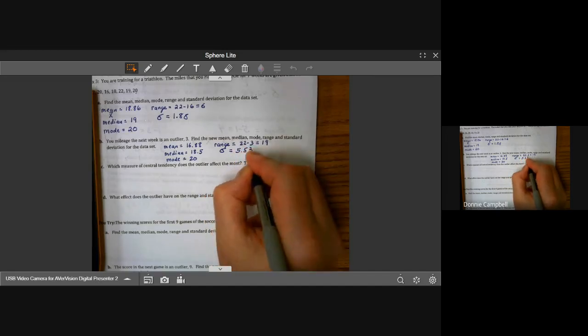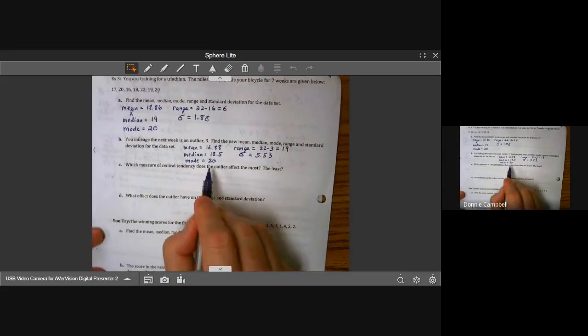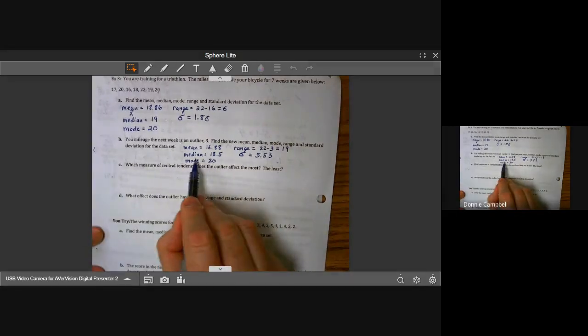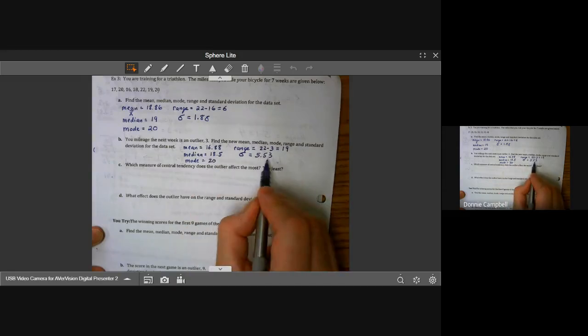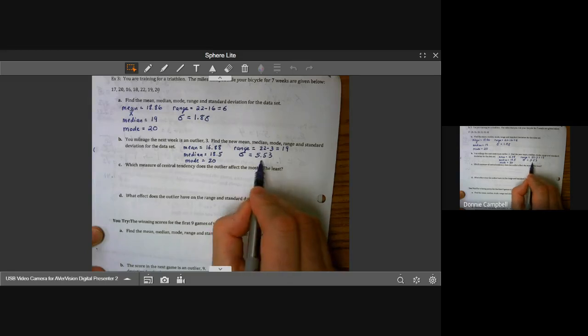So look how, when you compare the values, my mode didn't change. My median changes and my mean changes, and notice my range really changes with having that outlier. And also my standard deviation, which shows how close those things are together, also shows it's more spread out. Okay, so which one does it affect the most?